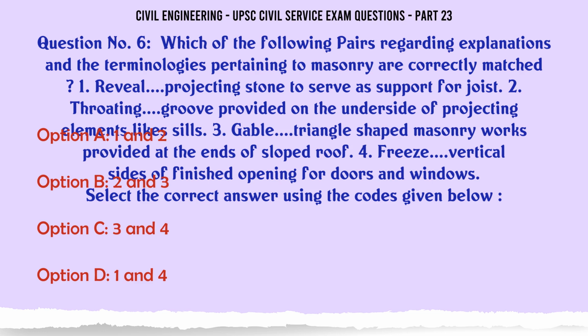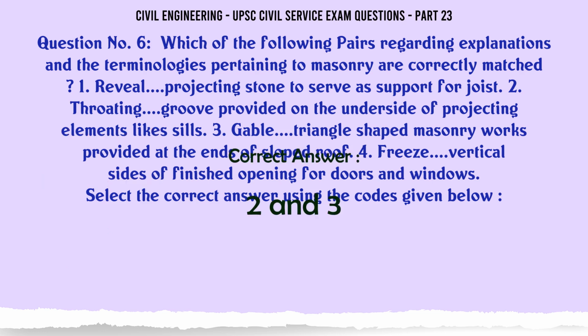Frieze, vertical sides of finished opening for doors and windows. Select the correct answer using the codes given below. A. 1 and 2, B. 2 and 3, C. 3 and 4, D. 1 and 4. The correct answer is 2 and 3.